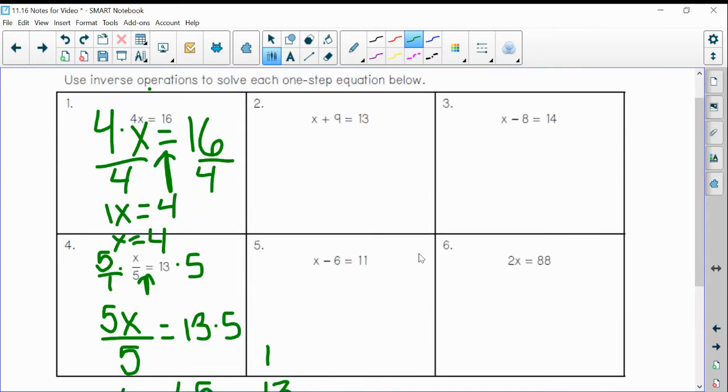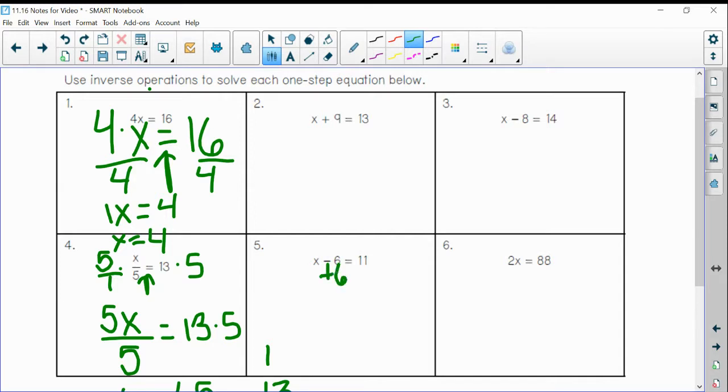Awesome. All right. And then I'm going to come over here to 5 and subtract. So I have x minus 6 is 11. What did we say our inverse or our opposite of subtraction was? Addition. So in order to get rid of minus 6, I'm going to add 6.